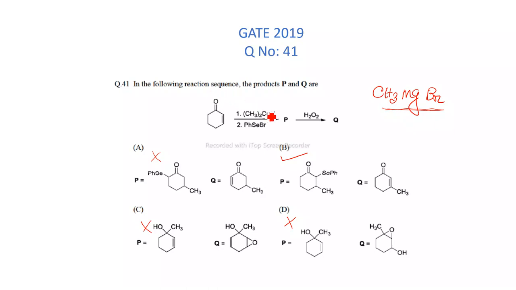If instead of this we use this one, what will happen? I mean 1,2 addition or 1,4 addition? This is 1, this is 2, this is 3, this is 4. So this is 1,4 addition and this is 1,2 addition.